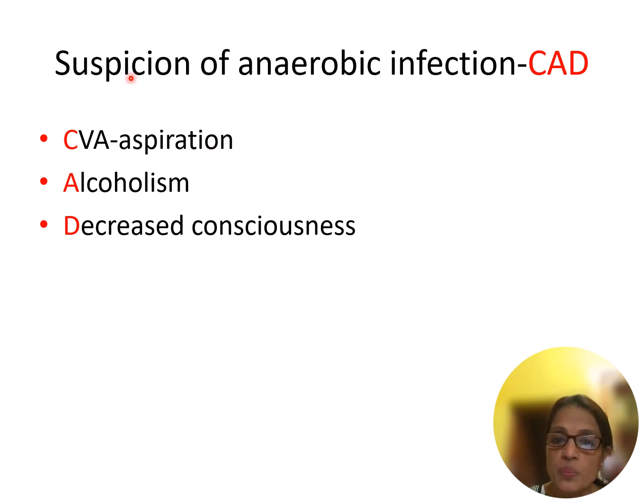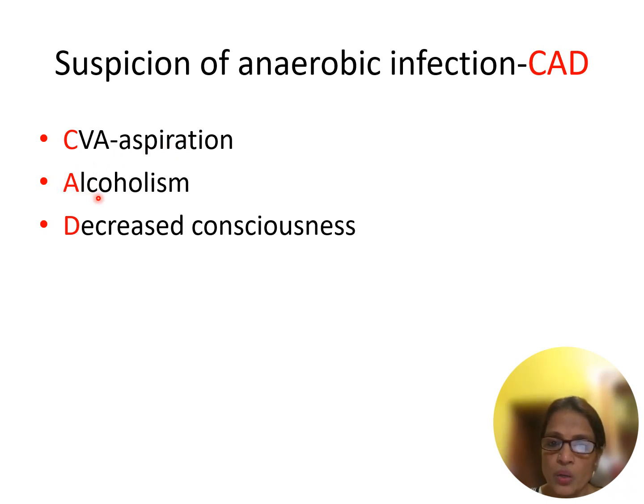Now, when do you suspect anaerobic infection? I call this CAD. The mnemonic is CAD. C is CVA. In cerebrovascular accident, there is aspiration. So the patient is unconscious, so he tends to aspirate. In such situations, you have to think of anaerobic infections. And A is alcoholism.